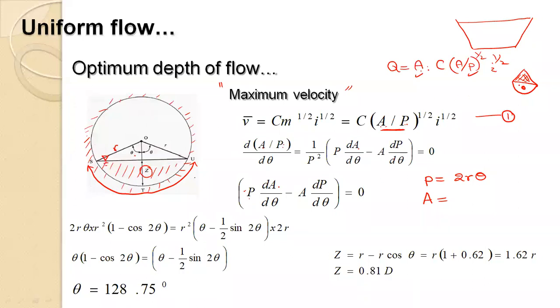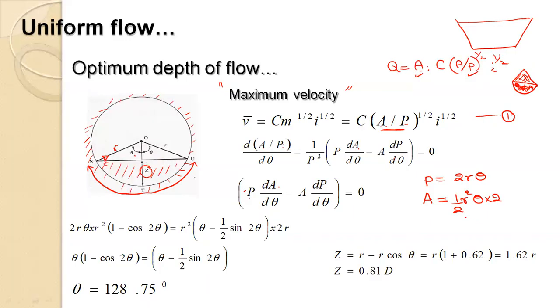Then you will get this area, which is the flow area. What is the area of the cake-shaped section? The area of a circular segment would be half R squared theta. Since you have two segments, you have 2. So the bigger section would be half R squared theta into 2.